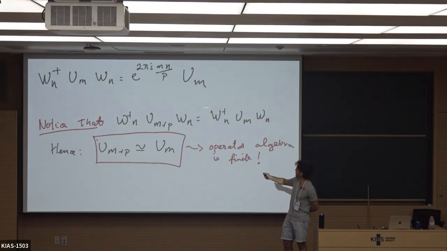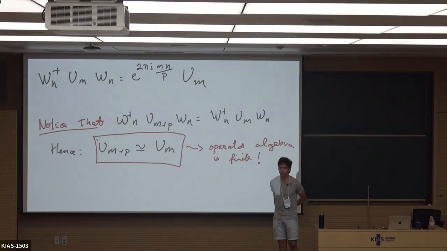So U_{m+p} and U_m are actually identified. So in fact, what this tells me is that I don't have an independent operator U_m for all m in Z. I only have independent operators U_m for m from 0 to p minus 1. They're p local operators in this theory.